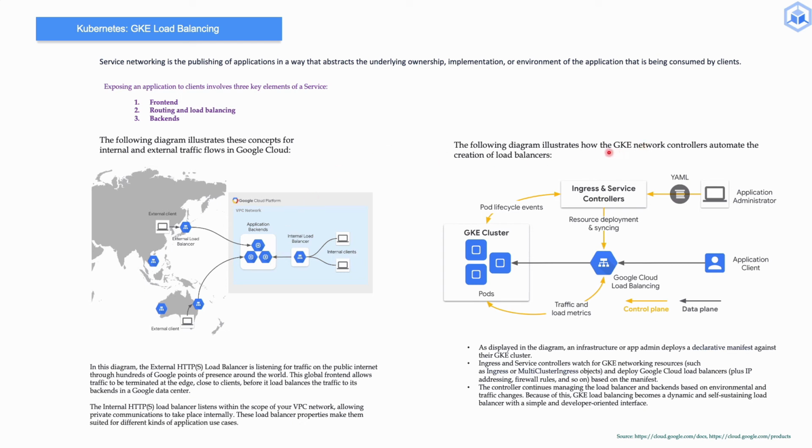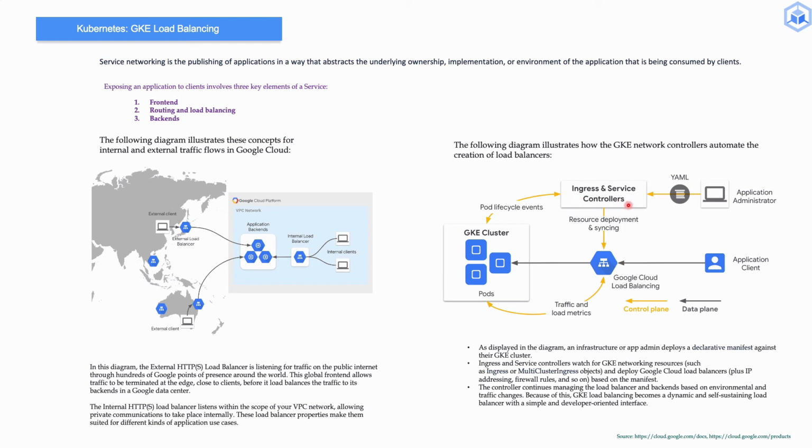Now, how do the GKE network controllers automate the creation of load balancers? Because depending upon where the request is coming from, you need a different set of load balancers. An infrastructure or app admin deploys a declarative manifest, which is typically YAML files, against the GKE cluster.